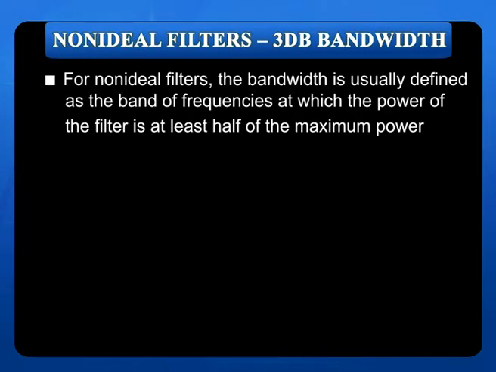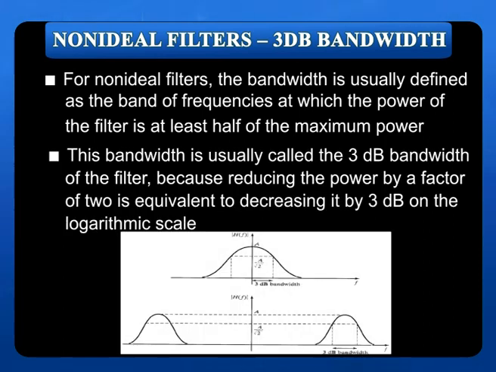Here you see, for non-ideal filters, the bandwidth is usually defined as the band of frequencies at which the power of the filter is at least half of the maximum power. This bandwidth is usually called the 3 dB bandwidth of the filter, because reducing the power by a factor of 2 is equal to decreasing it by 3 dB in the logarithmic scale. So, you can see some filters with a 3 dB bandwidth which are shown here.